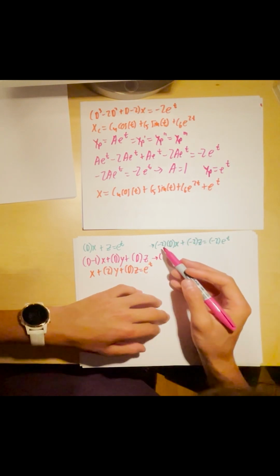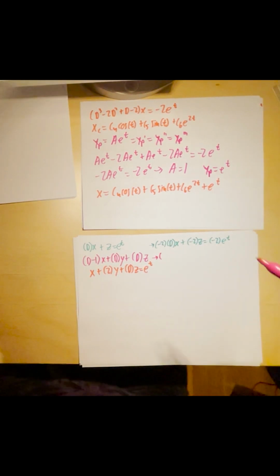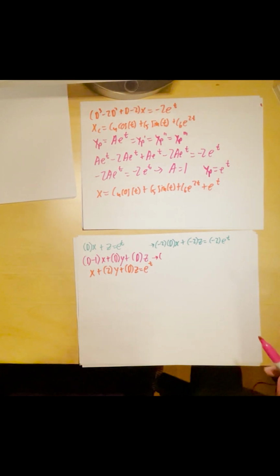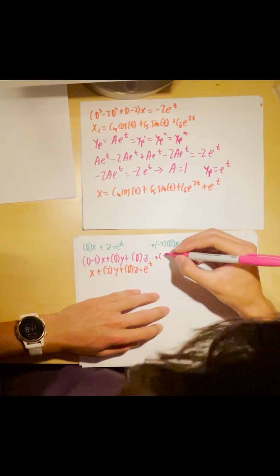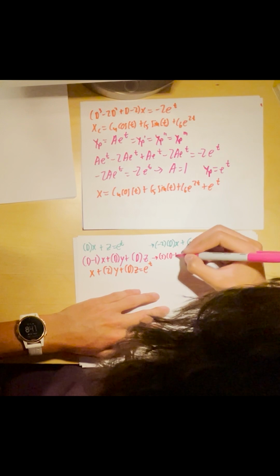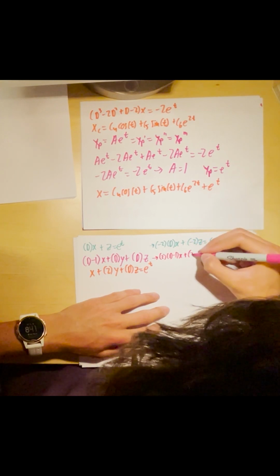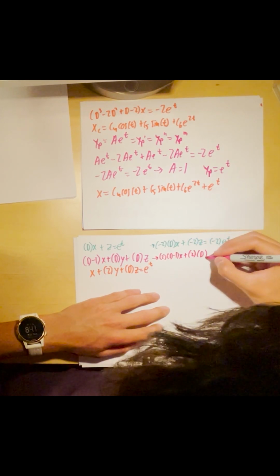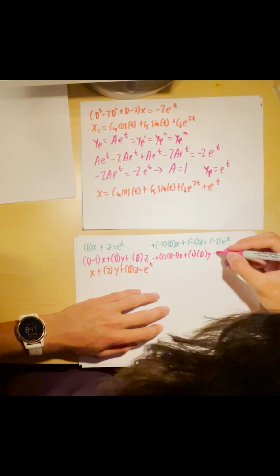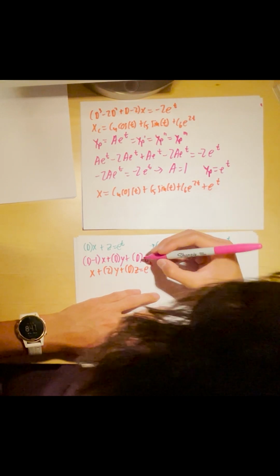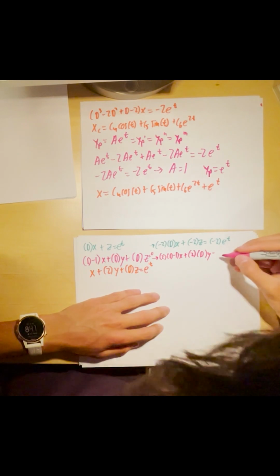I got -2 multiplied by each term on the top, and now I'm going to multiply the second equation through by 2, and this one equals 0.